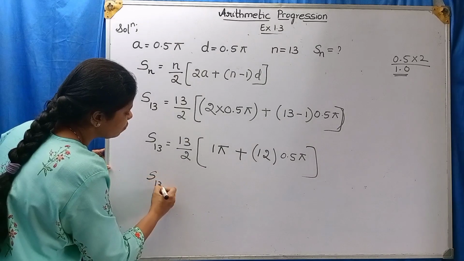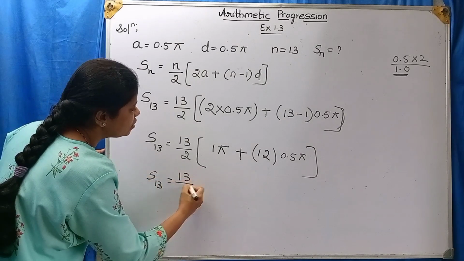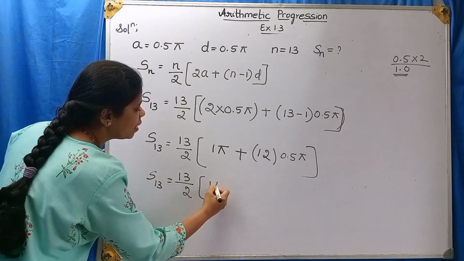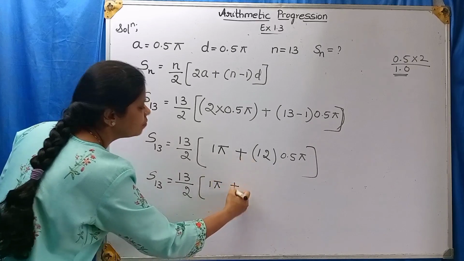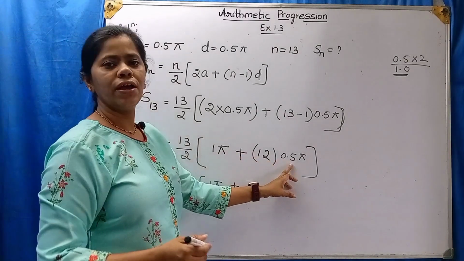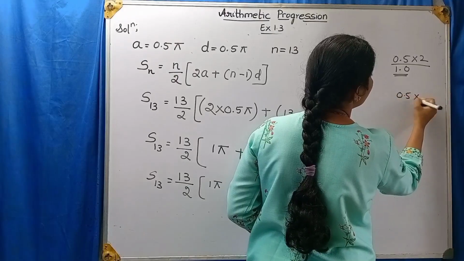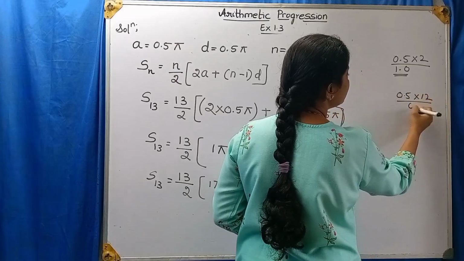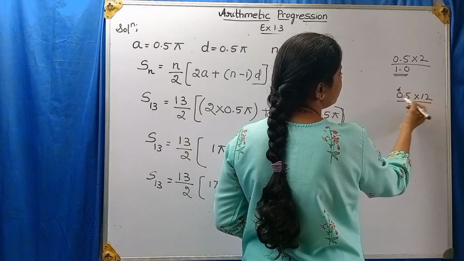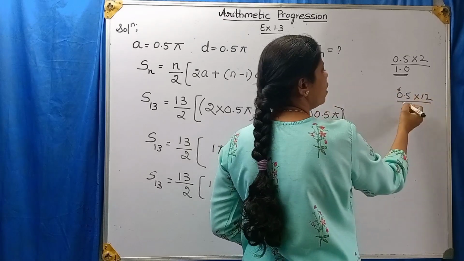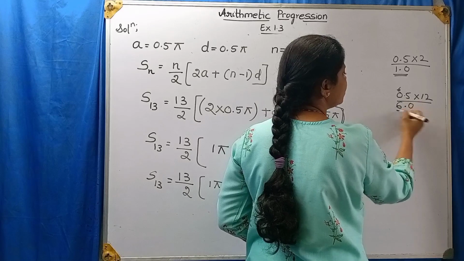S13 is equal to 13 by 2 into 1 pi plus 12 into 0.5, which is what? 6.0. 0.5 into 12: 12 5s are 60, 6 remains. Then 12 zeros are 0. Then plus 6. It is 6.0.